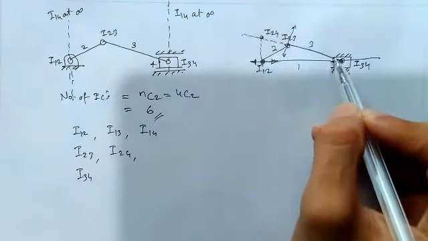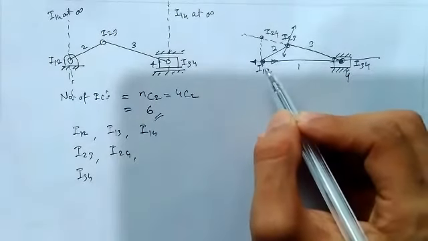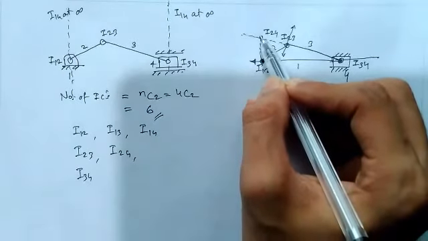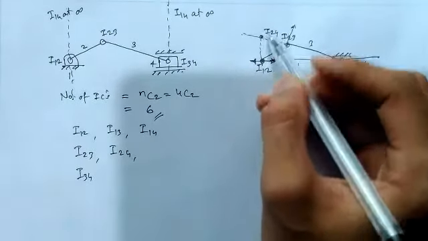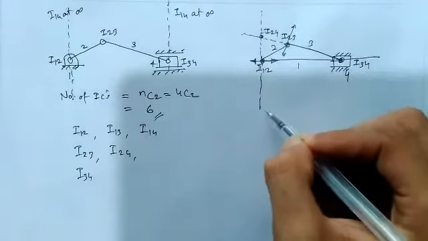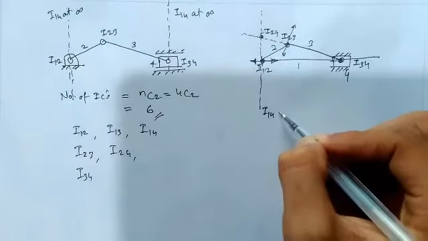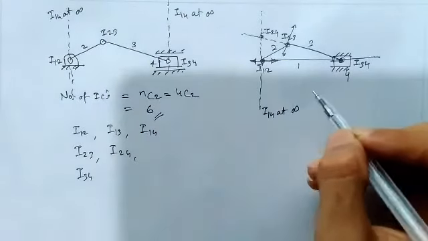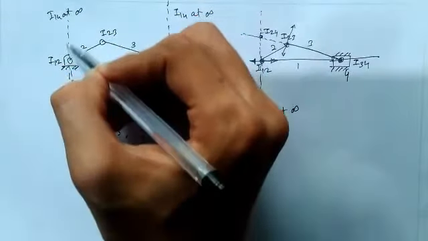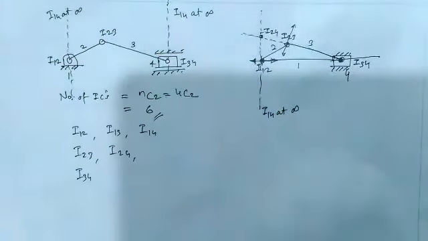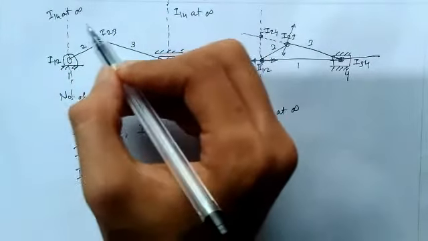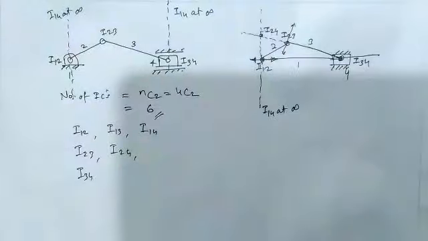But if we are talking about links 1, 2 and 4, then we have only 1, 2 and 2, 4, which means one more is remaining, 1, 4. So we say that I14 is on this line, where exactly we don't know. So I14 is at infinity. That is the reason why we say I14 is at infinity here also, because here, irrespective of which link is fixed, we are locating all the ICs.